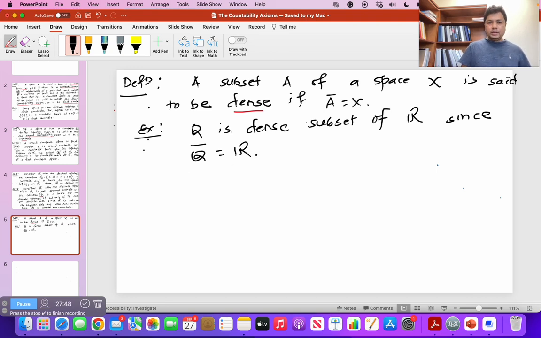Let me add one more definition. I'm going to give you a definition of a separable space. Here is the formal definition.